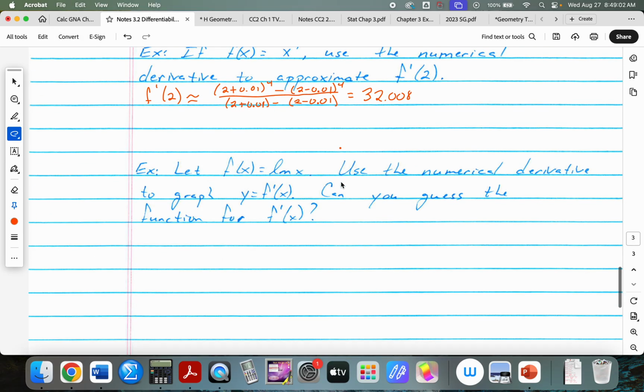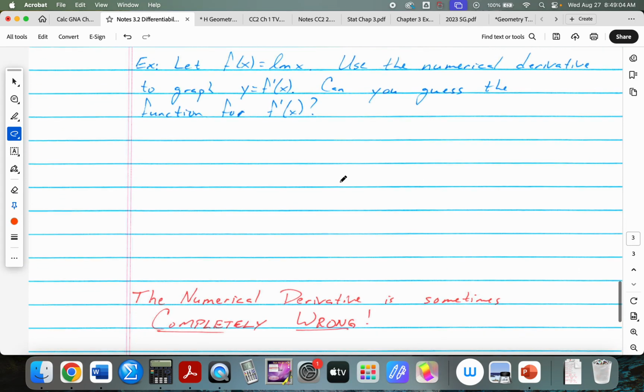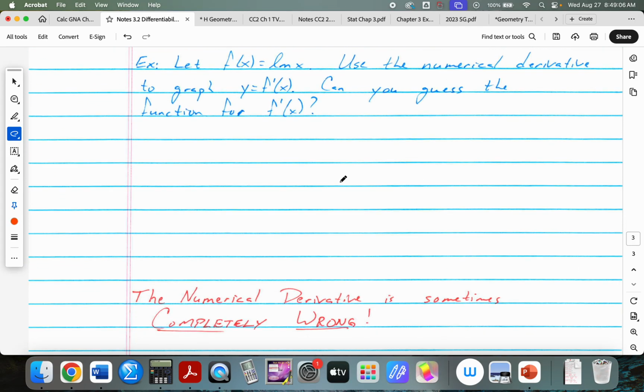All right. This allows us to do some investigations with things that we might not normally be able to investigate. So for example, if we let f of x be equal to the natural log of x, use the numerical derivative to graph y equals f prime of x. Can you guess the function for f prime of x?